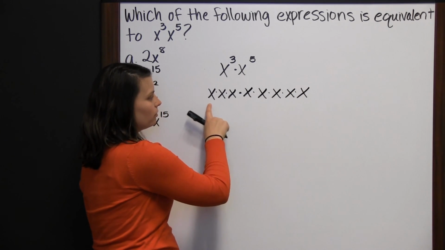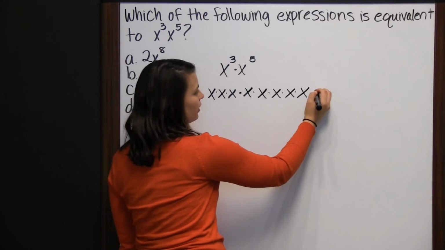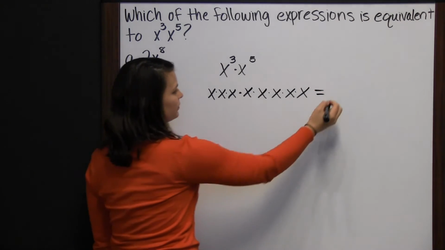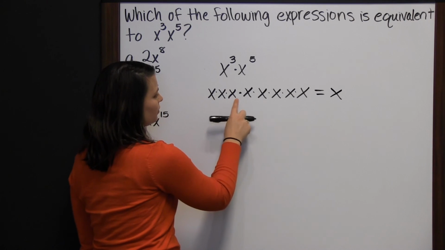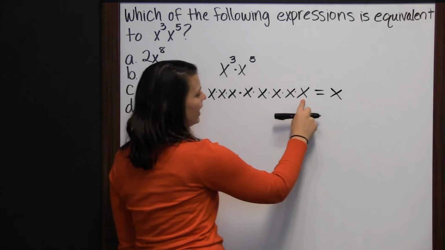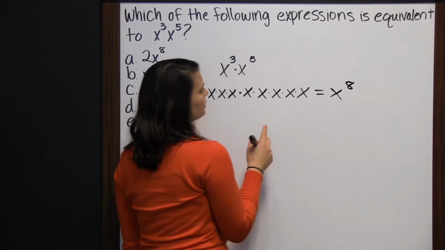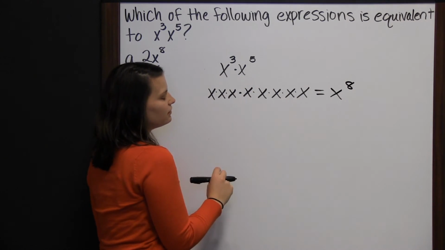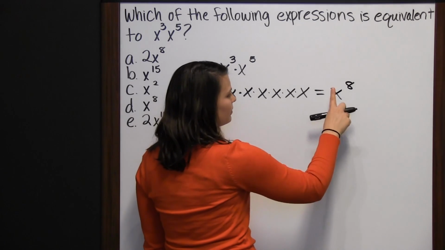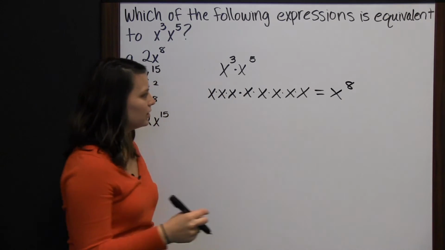So really, we're multiplying x times itself a total of 1, 2, 3, 4, 5, 6, 7, 8 times. So x cubed times x to the 5th is the same as x to the 8th.